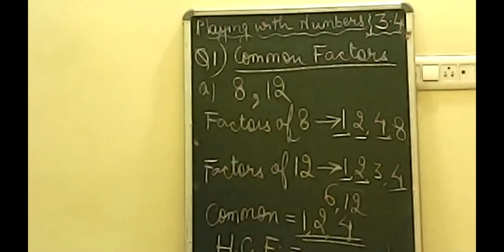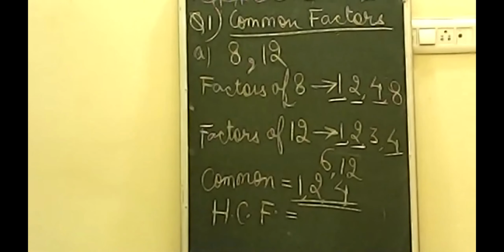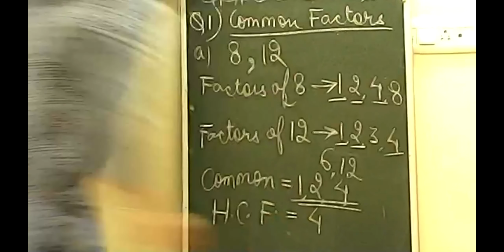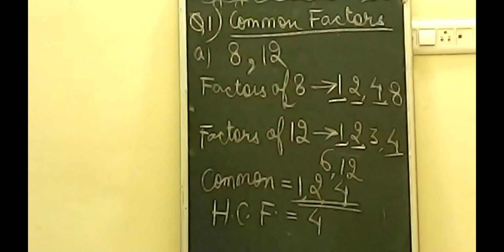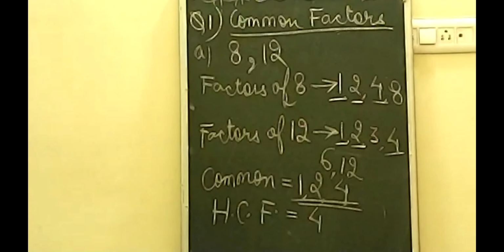Which number do you find larger in this? Very good, absolutely right. It is 4. So 4 is the highest number in this. So in this question HCF will be 4 only.